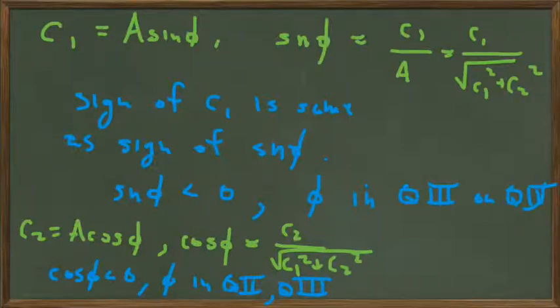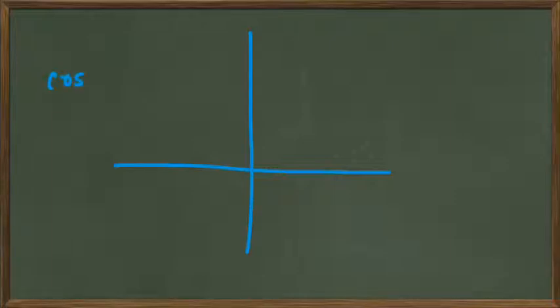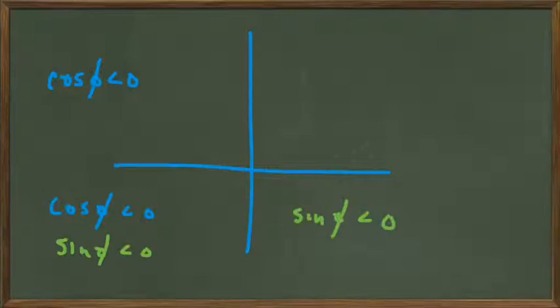So let's see what the possibilities are in a chart on the next page. Cosine phi is negative here and here, and sine of phi is negative here and here.